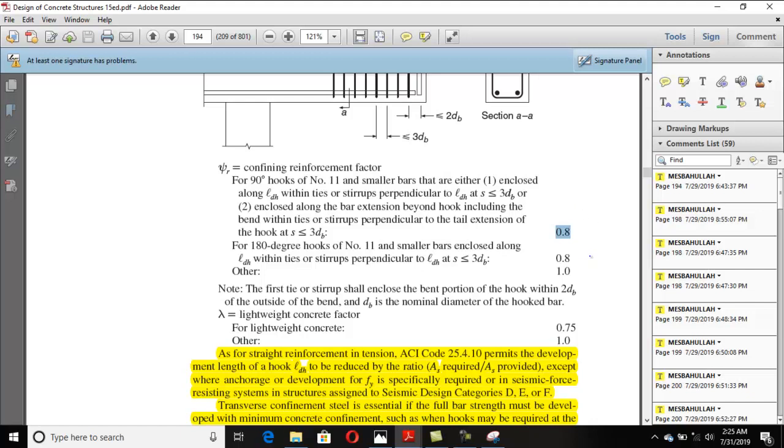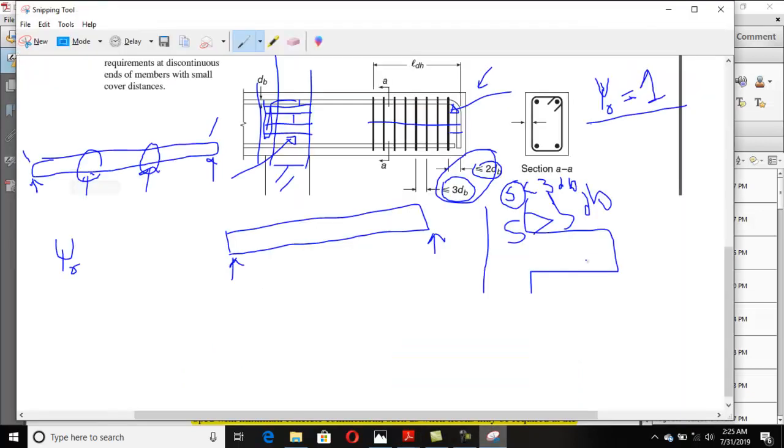In a 90-degree hook, for example, if the spacing is less than 3 dB, then your psi r factor will be 0.8. And if it is greater than 3 dB, then, this occurs when spacing is given, but sometimes we design it.